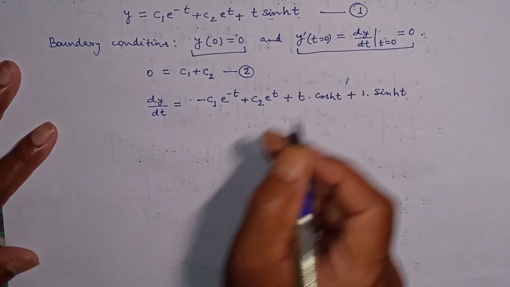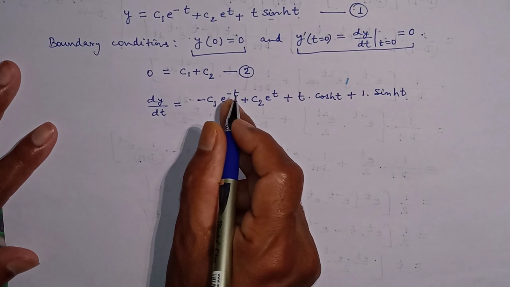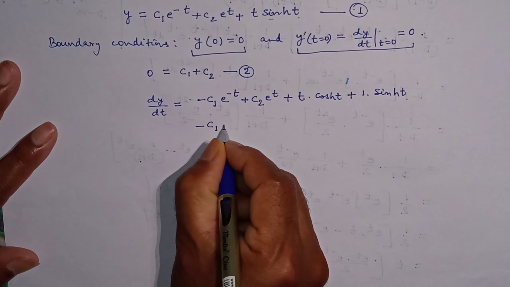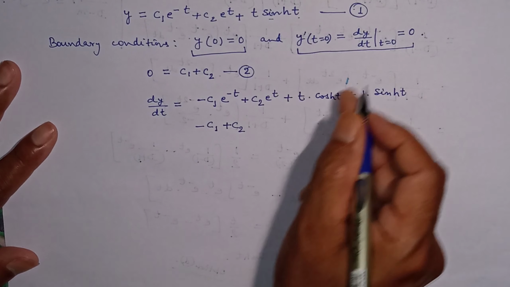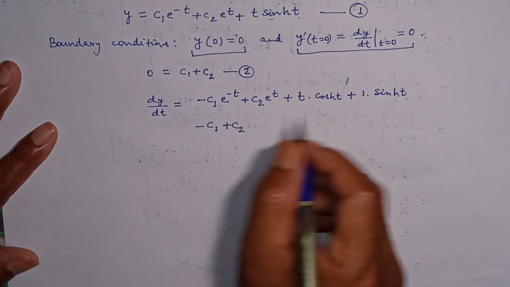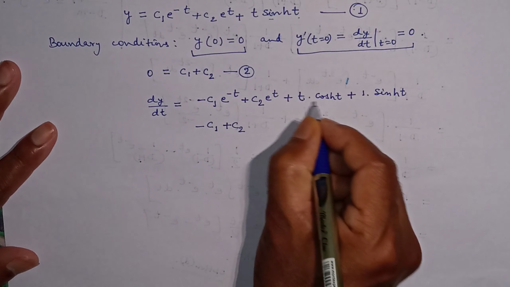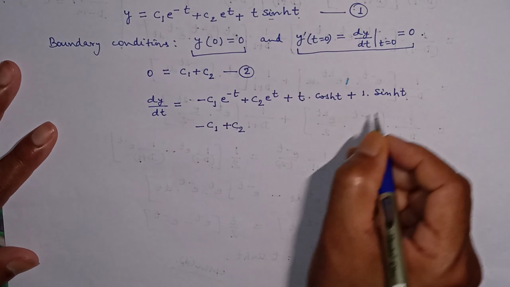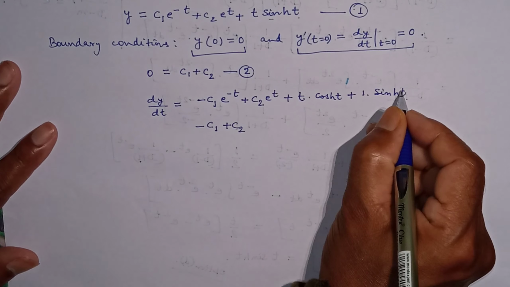Now applying the second boundary condition, we have at t equals 0, it is minus c1 plus c2. At t equals 0, the next term is 0 because 0 multiplied by 1 is 0, and at t equals 0 sinh t is also equal to 0.